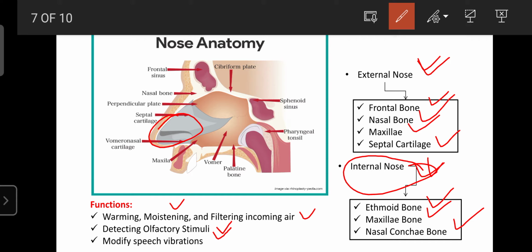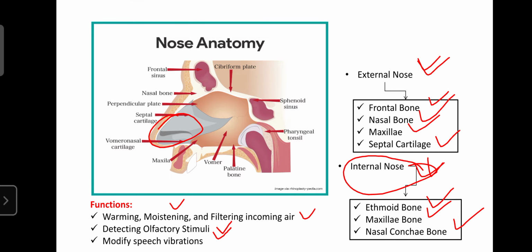So the nose vibrates or gives a rhythm to the speech, so that it can be easily understood by others. So the nose also plays an important role in the regulation of speech, along with the smell, and is also involved in filtering the incoming air.